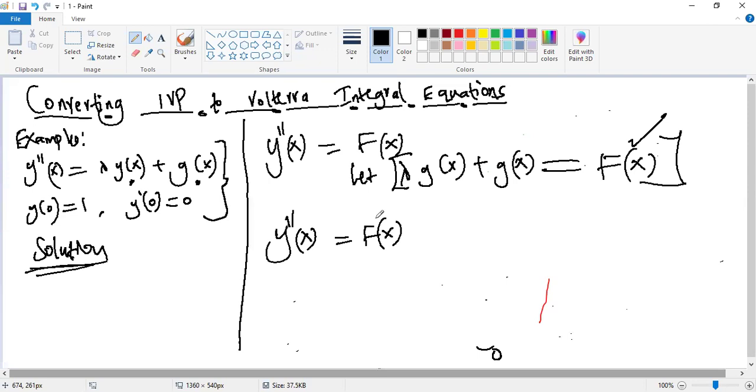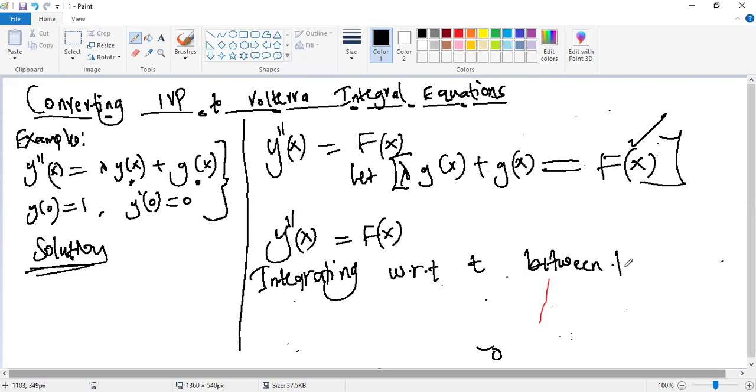Now, first, I am going to integrate with respect to t between the limits 0 to x. So let me write integrating with respect to t between the limits 0 to x.